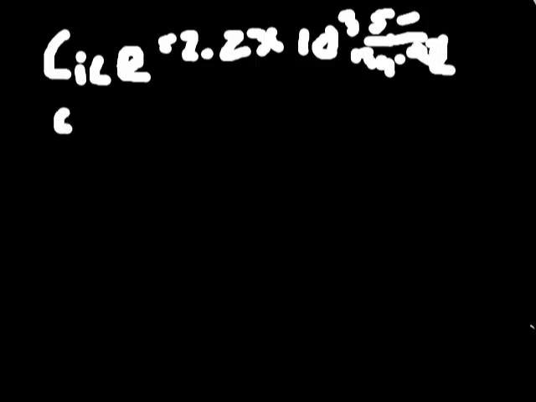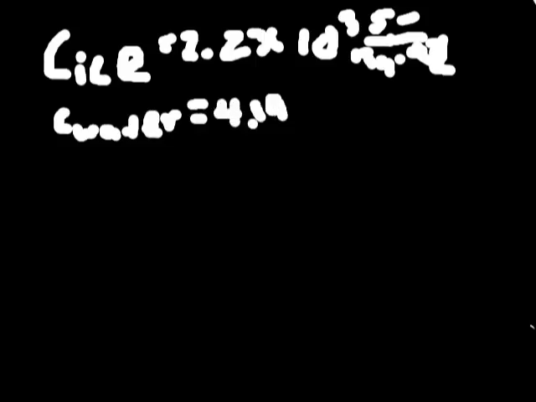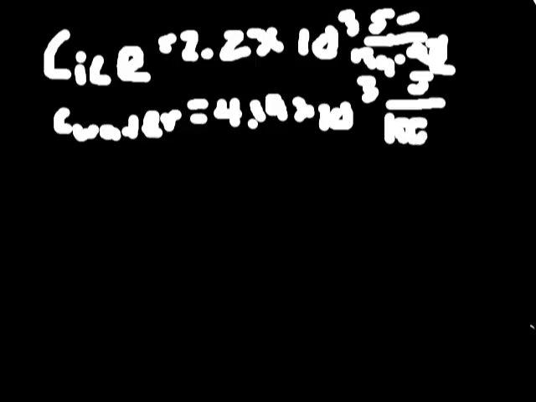And while C of water is equal to 4.19 joules over kilogram times degrees Celsius. So those are our two values.